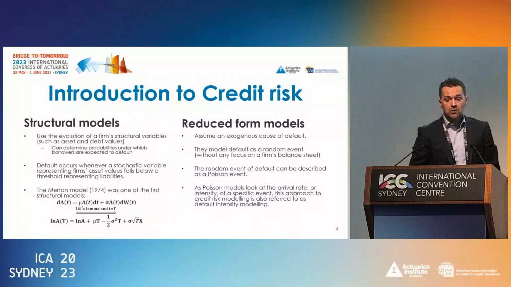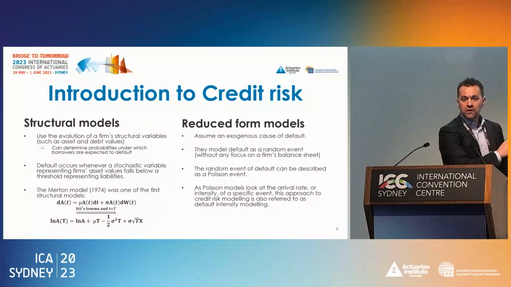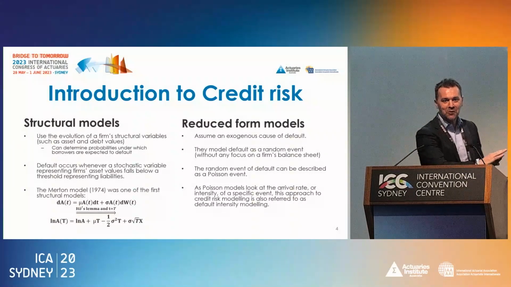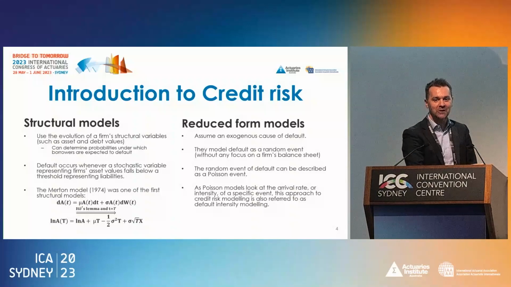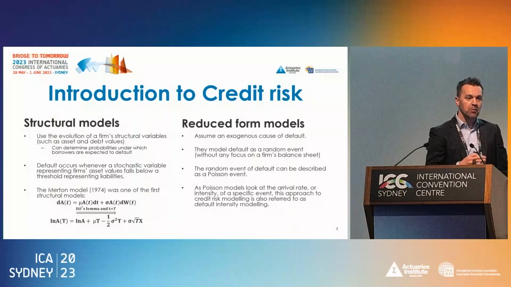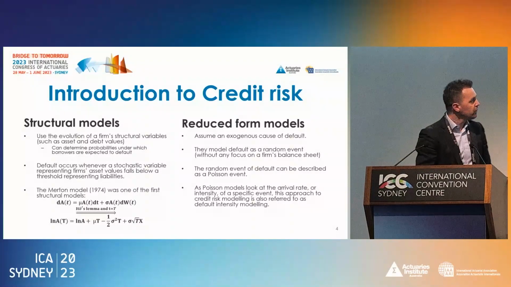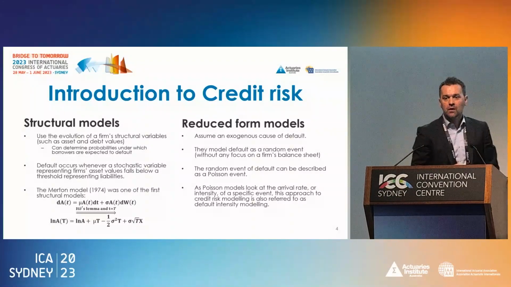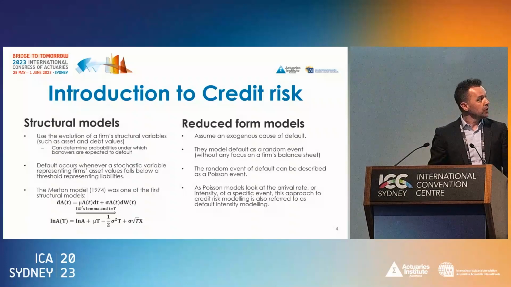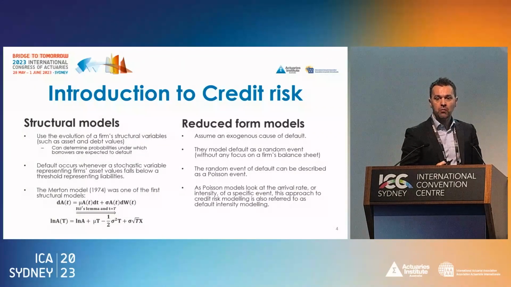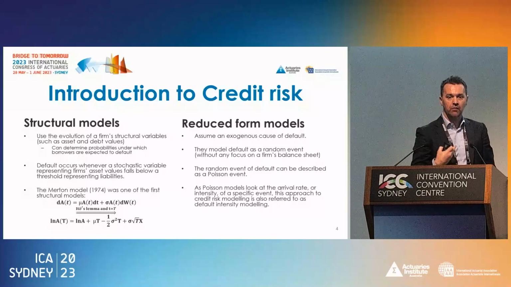Right, introduction to credit risk. It's only this slide, I promise, so I'm not going to have a separate, complete new talk about credit risk. Credit risk is basically comprised of two main models. We are talking about the structural models, which are based upon Merton's famous model introduced in 1974, and reduced form models, which are based upon the Poisson distribution or the idea of intensity.